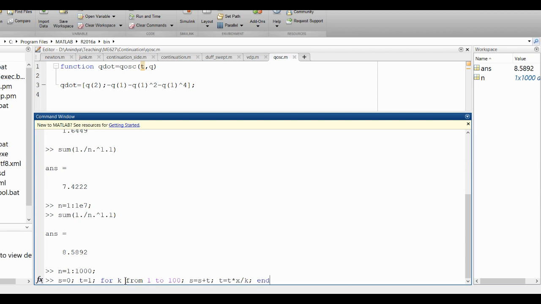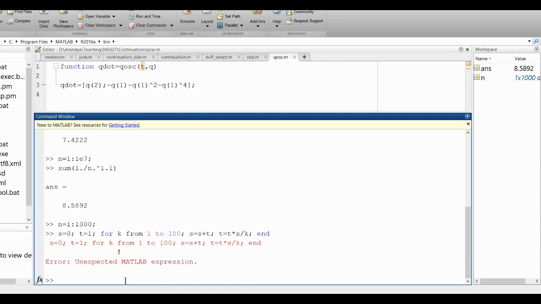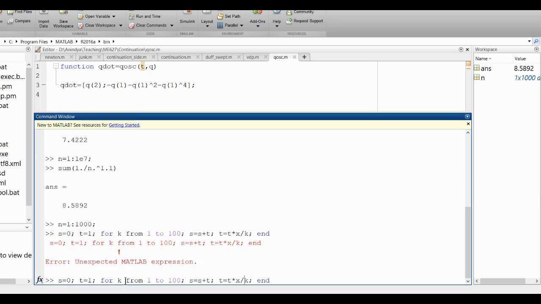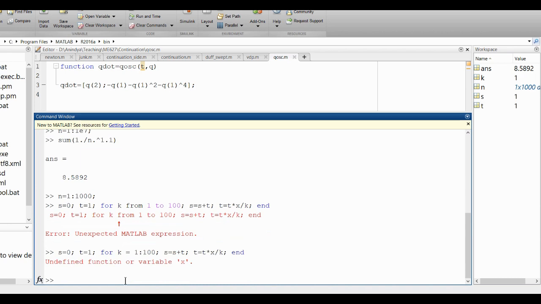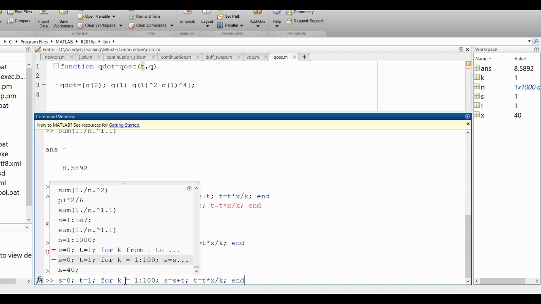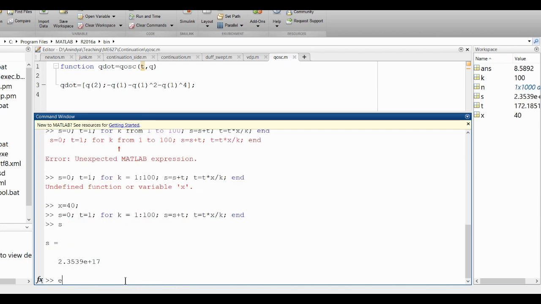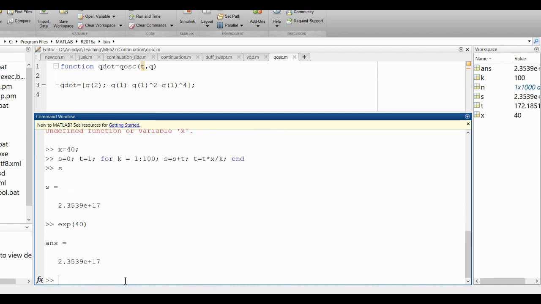Okay, all right. So I've taken a lot of terms. That didn't work. Sorry, that is maple, not MATLAB. x equals 40. Okay, s. All right, exp 40. You see, the series works perfectly.